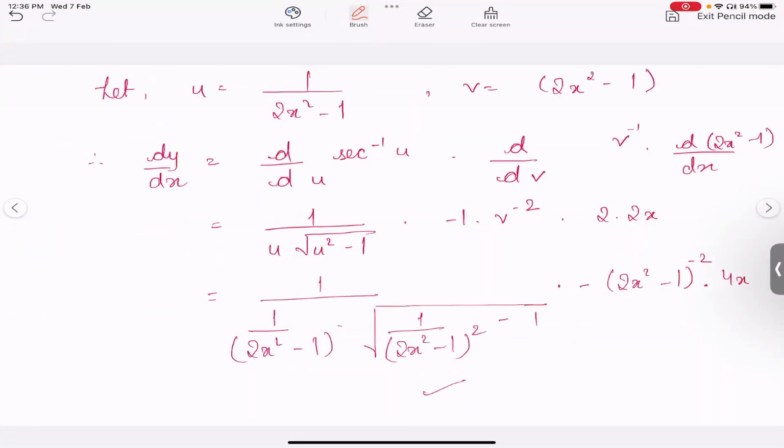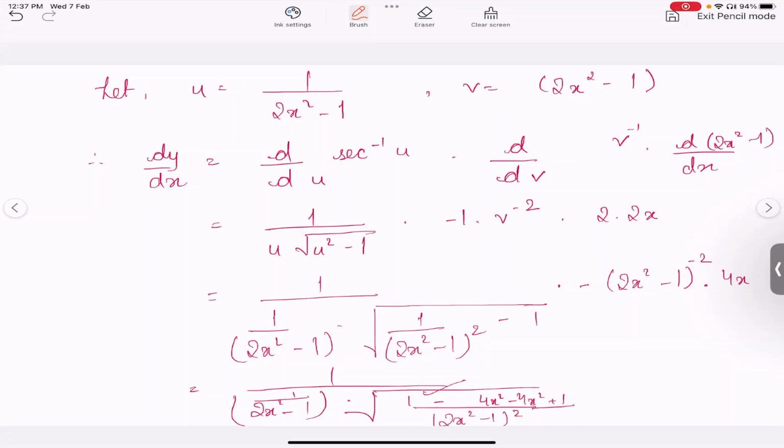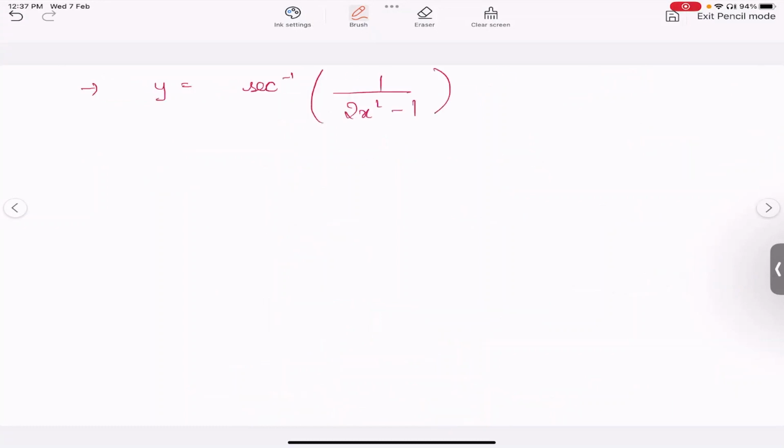We can take the denominator and simply, let's say we have 1 by 2x square minus 1. This will be equal to this 1 minus, and here we get 4x square plus 1. Let's do it this way first and finish it.